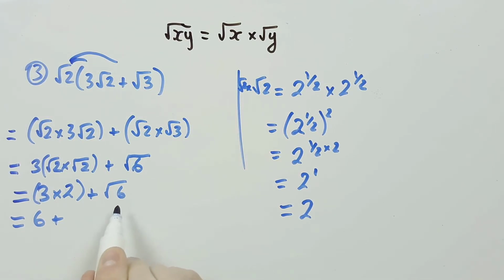Why is that? Because the factors of 6 are 1, 2, 3, and 6, and none of those are the result of squaring any integers. So 1 squared is 1, 2 squared is 4, 3 squared is 9, and already we've passed all of our factors of 6. So this is our final solution, 6 plus root 6.